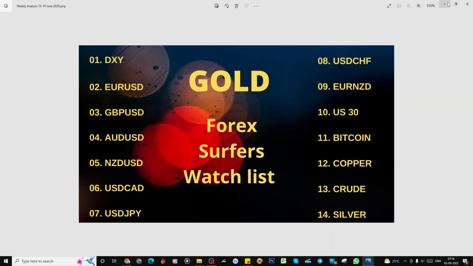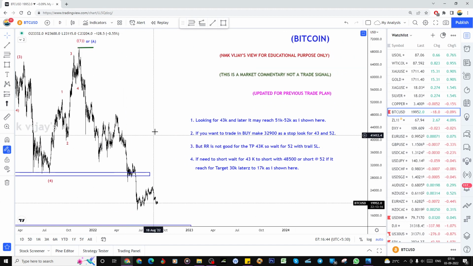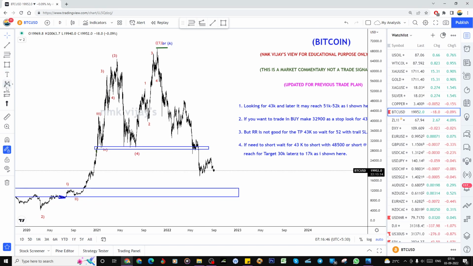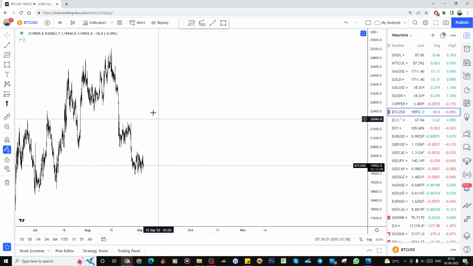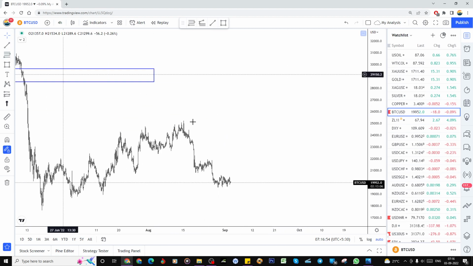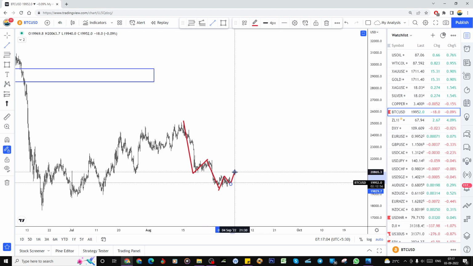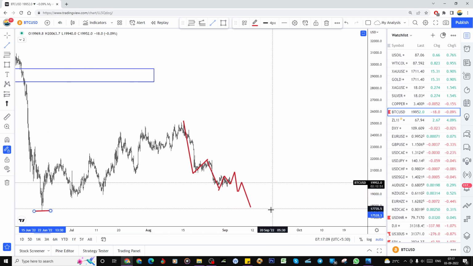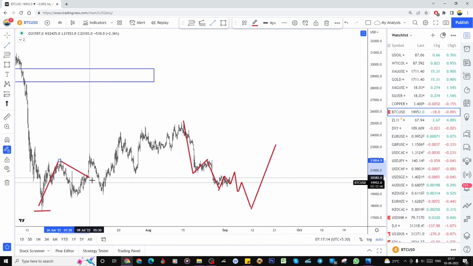Yeah, in Bitcoin, BTC. Yeah, it's the same. Yeah, 4 hours. So either it is making this one and expecting again this one, whether it is going to break this low for the running flat, or this is the end of this correction.